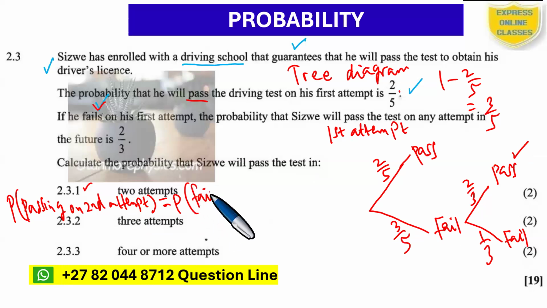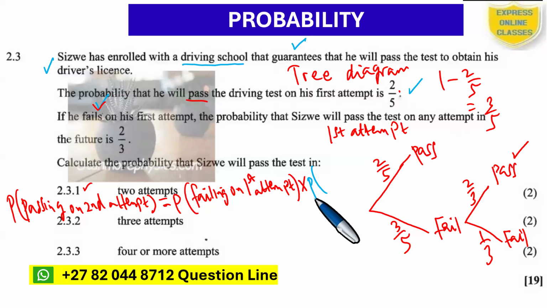So first we determine the probability of failing on first attempt, times the probability of passing on second attempt.